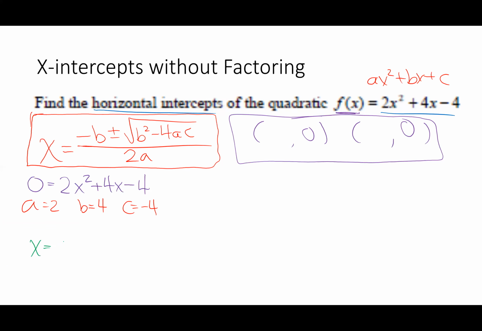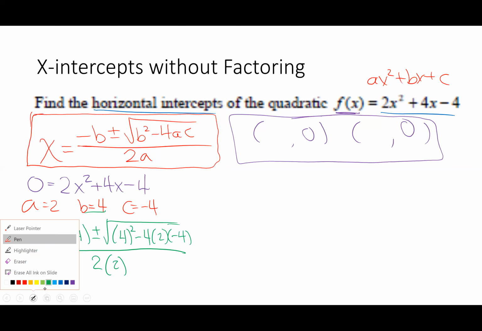I use parentheses very liberally. Negative b plus or minus the square root of b squared minus 4ac all over 2a.